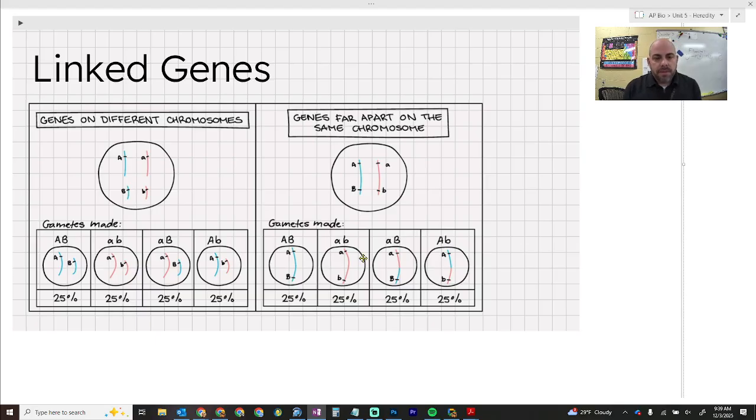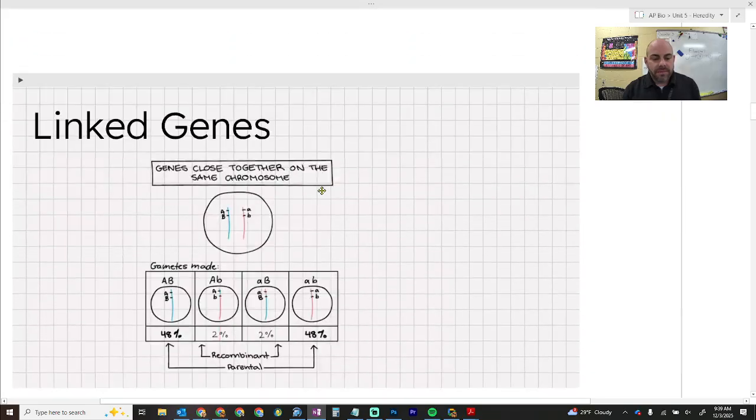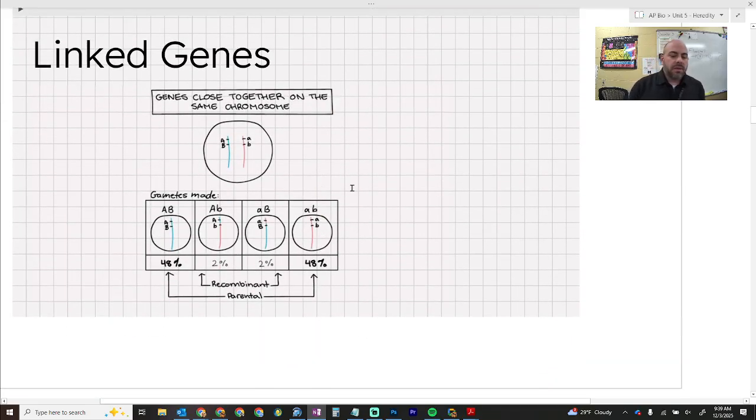A good rule of thumb is if the recombination frequency is less than 50%, meaning that if two genes are combined together less than 50% of the time, then those genes are likely linked together, right? And so here's an example of this. Genes close together on the same chromosome, these are linked together.